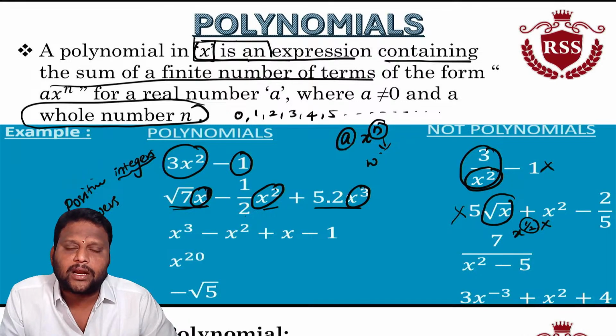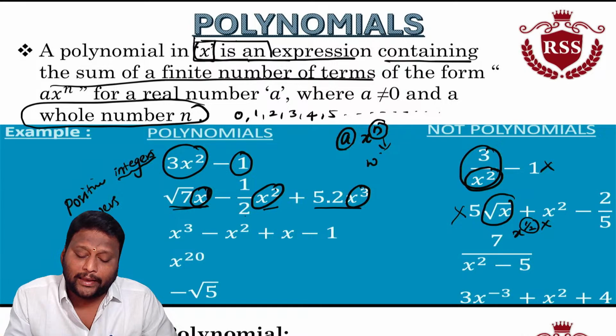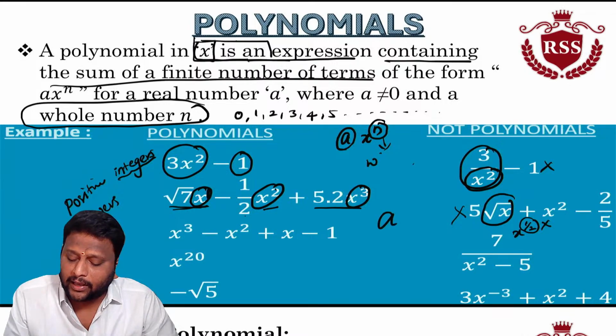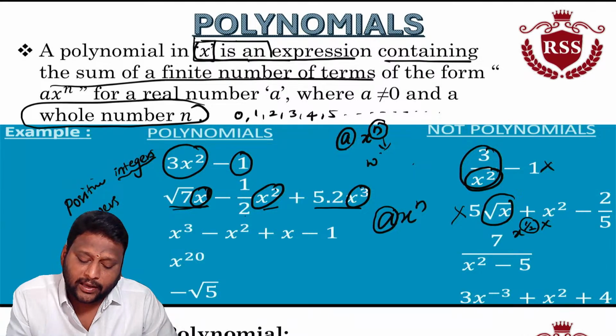Finite means that we can count, of the form a x power n. A is real, for real number a.